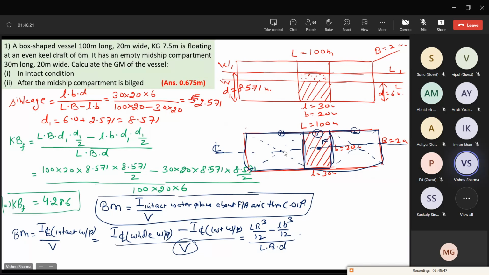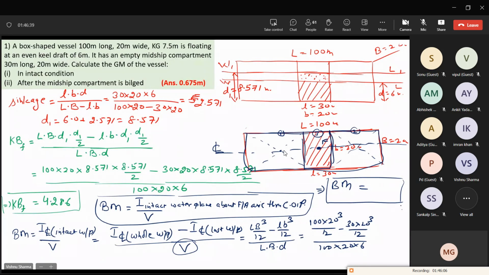Now I just put the values: 100 into 20 cube by 12 minus 30 into 20 cube by 12, upon 100 into 20 into 6, and you will calculate the BM of the vessel. Now you'll pick up the calculator and just do it on the run. No more further simplification.